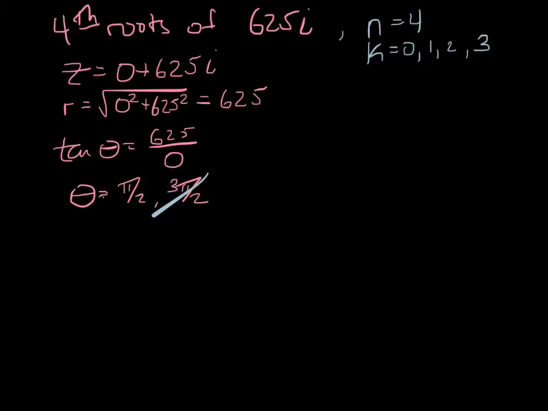So the number we're dealing with is z equals, what's our radius? 625 cis pi over 2. So that's your first step, is to write your number in trig form if it isn't given to you that way.